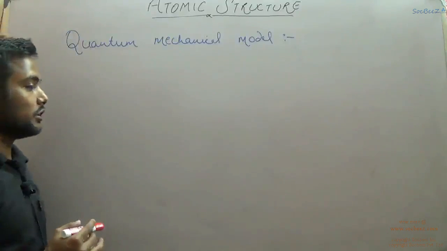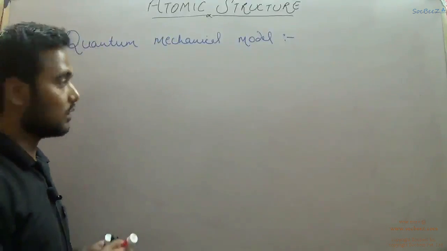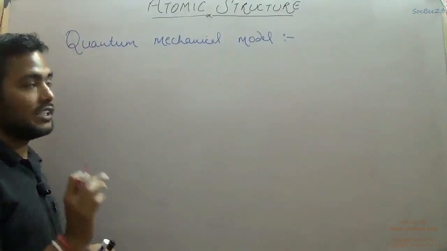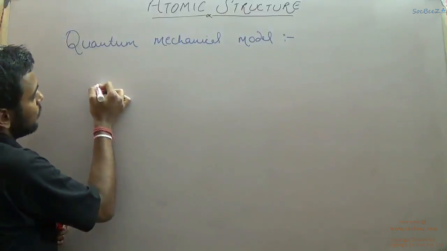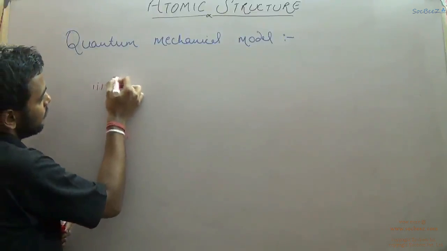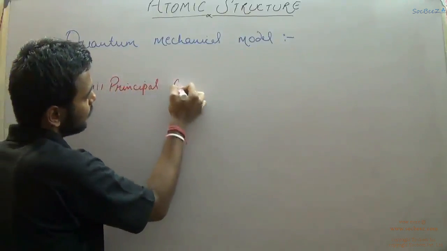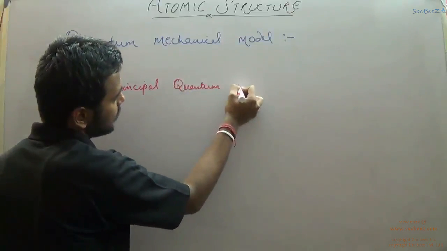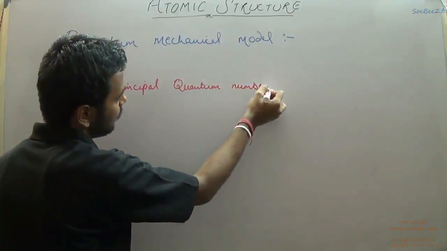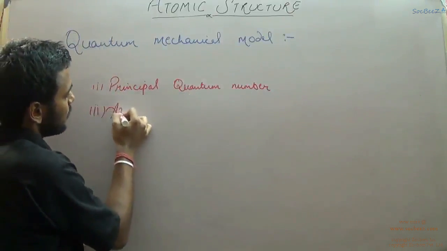The solution of the Schrodinger equation gives us many quantum numbers. We call those integral numbers quantum numbers. First is the principal quantum number. The second is the azimuthal quantum number.